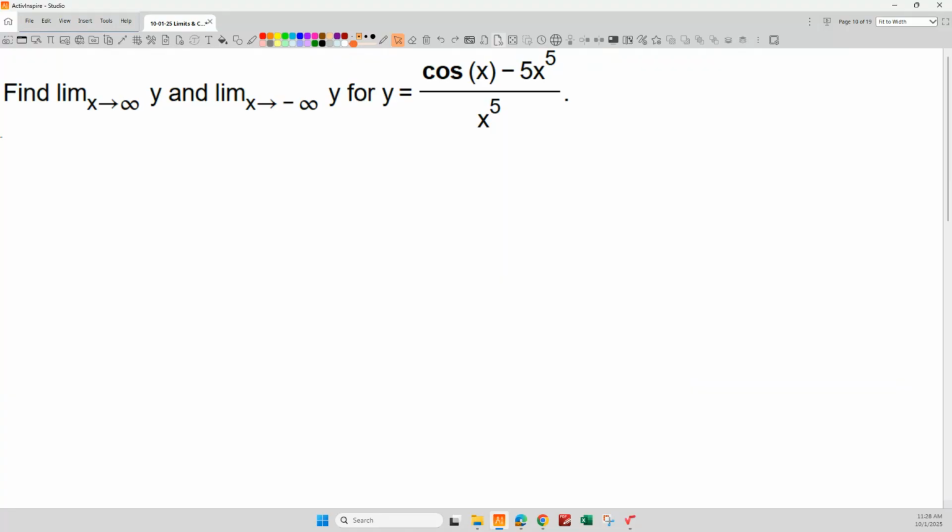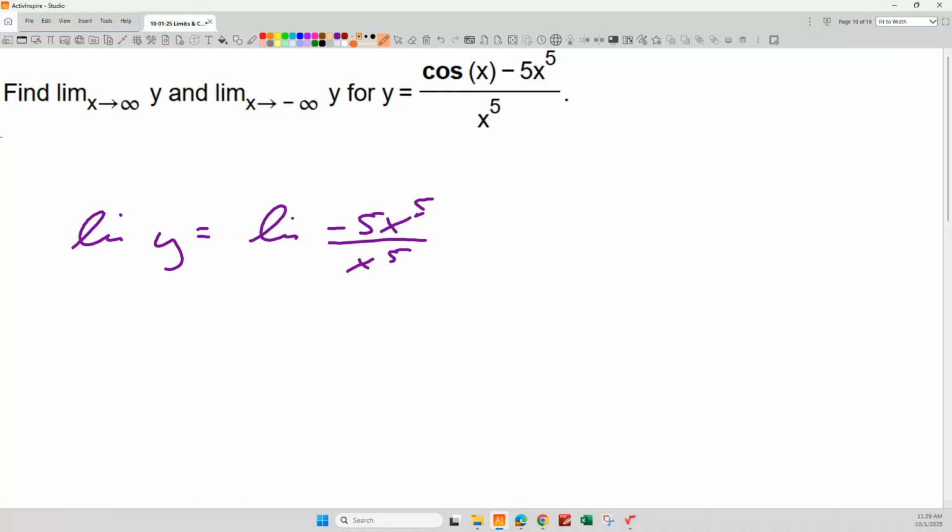So the function on the top is completely dominated by that -5x to the 5th term as x gets really big, right? And so the limit of y equals the limit of -5x to the 5th over x to the 5th.